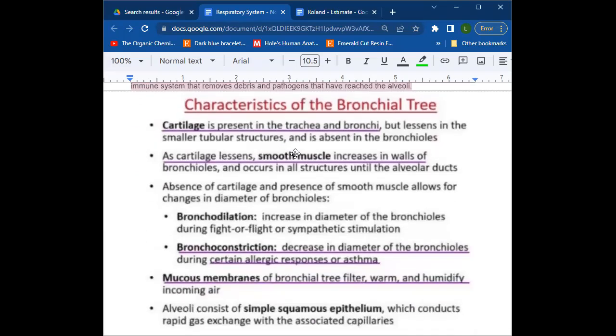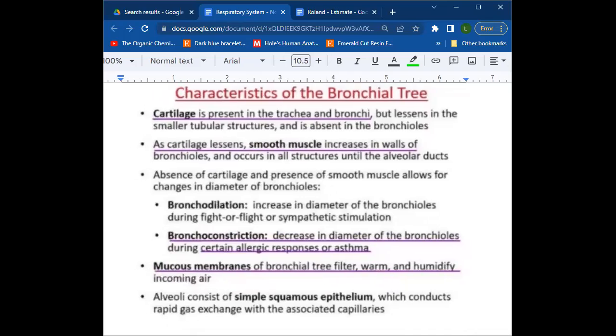Okay, now let's take a look at the bronchodilation, bronchoconstriction, which I did mention that we were going to talk about.